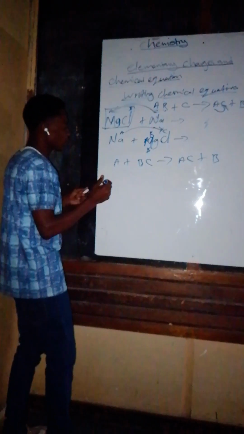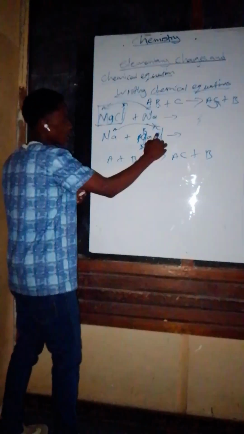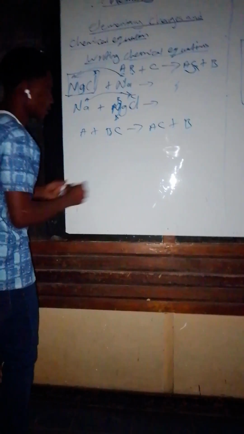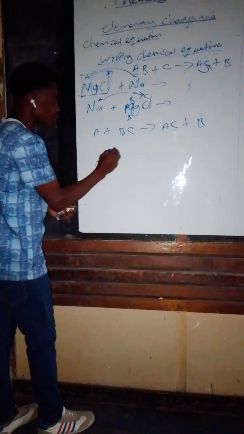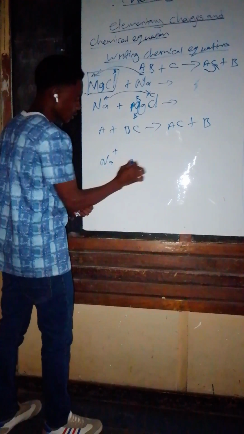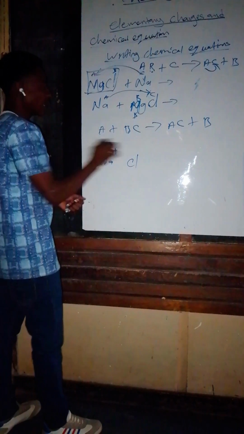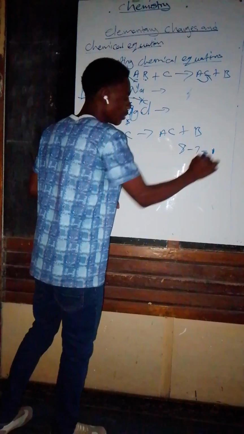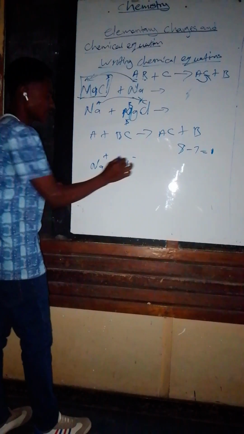So when you have a product of sodium chloride plus magnesium, how do you write the sodium chloride? I'll just demonstrate here. So sodium is in group 1, which means just one charge. And then when you go to chlorine, it is in group 7, which means 8 minus the group number of the element, which is 7, giving us 1. Now since it's a non-metal, we give it a negative charge.